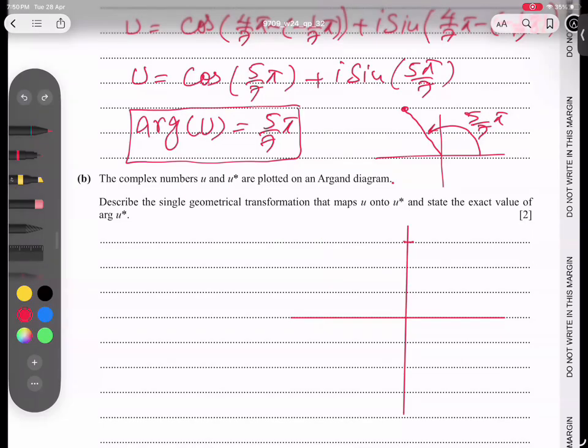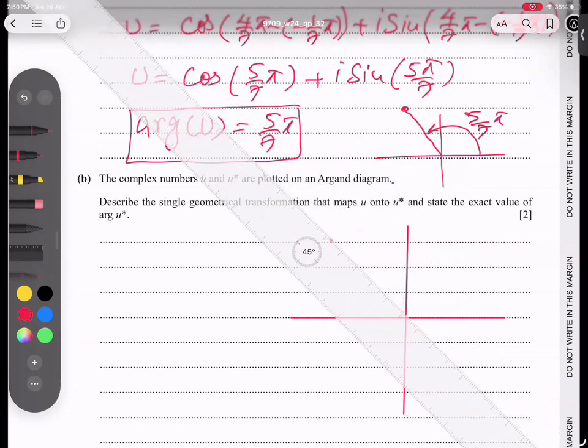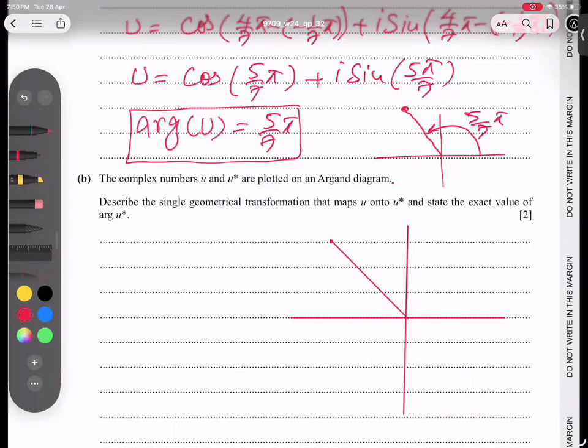So anyway, this is 1, and this is a line. And if I ask what are the coordinates of this, x is whatever x, but the argument is 5 pi by 7, 5 pi by 7.